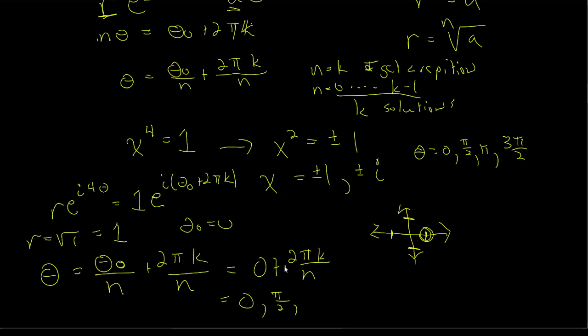The next one will be 0 plus 2 pi 2 over 4, or pi. And the last one will be 0 plus 2 pi 3 over 4, or 3 pi over 2. If I were to go one more and k is 4, well, I get 2 pi, but 2 pi is a repetition of this one.